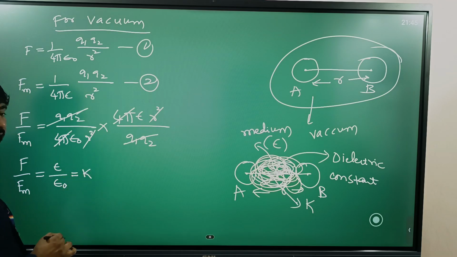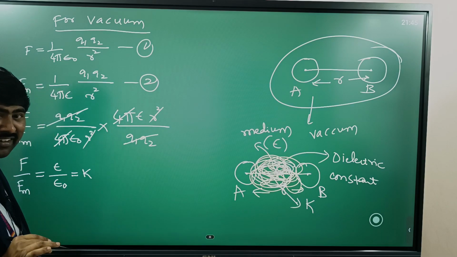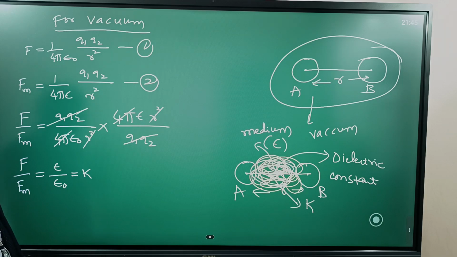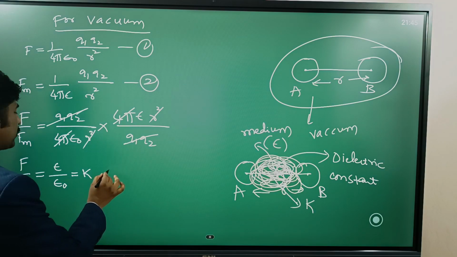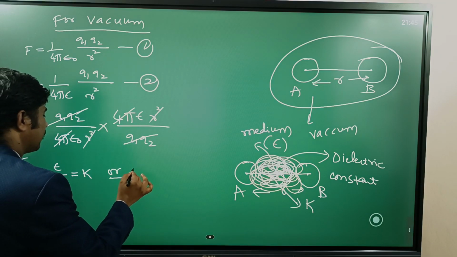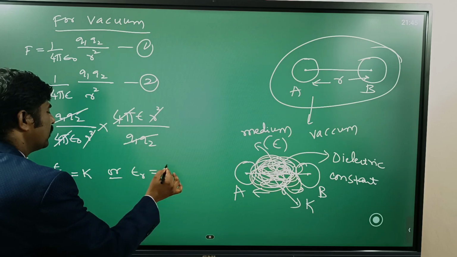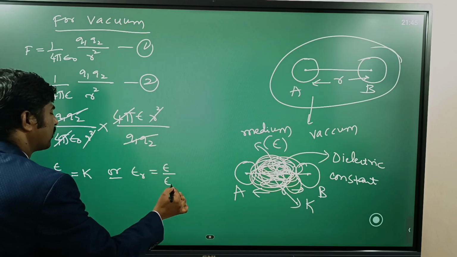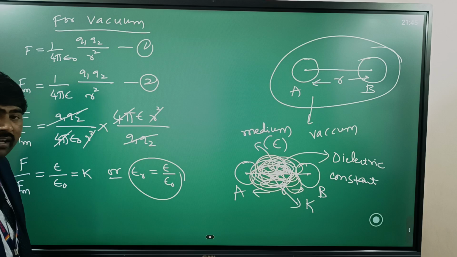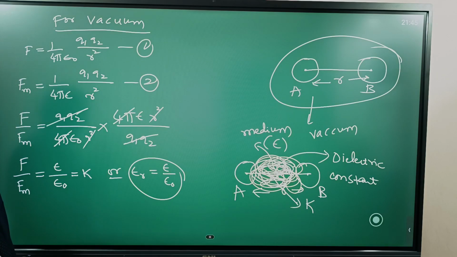This epsilon divided by epsilon naught is equal to k. It is denoted as k, where k is called the dielectric constant, or it is also called relative permittivity. You can also write this as epsilon r is equal to epsilon divided by epsilon naught. This is also called relative permittivity.